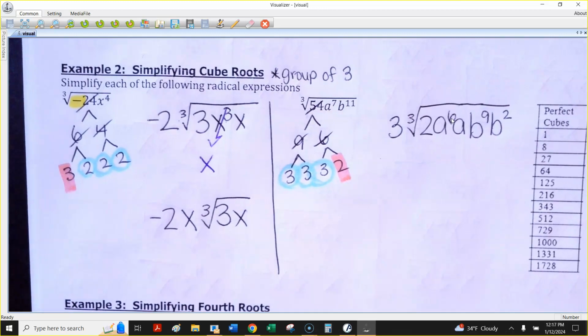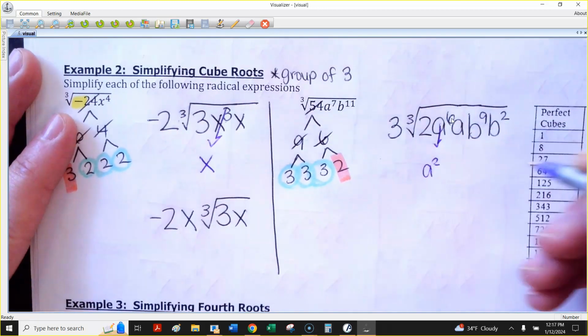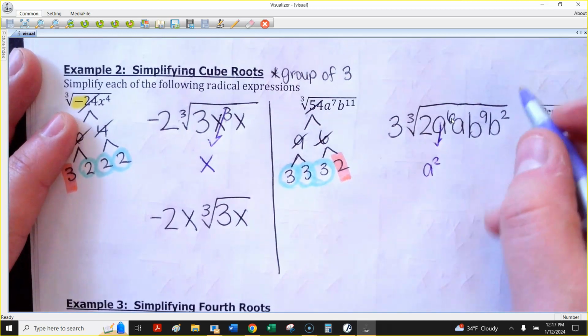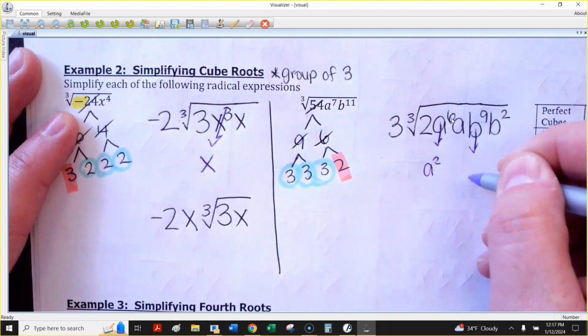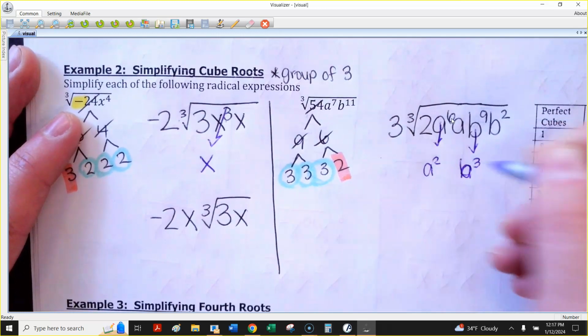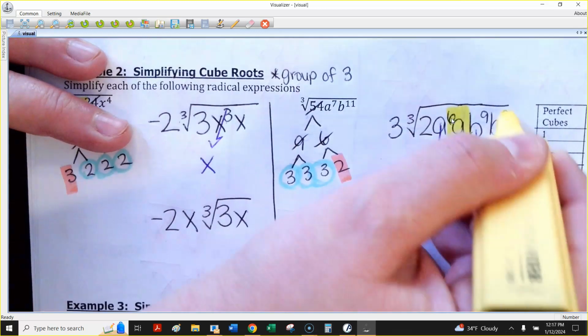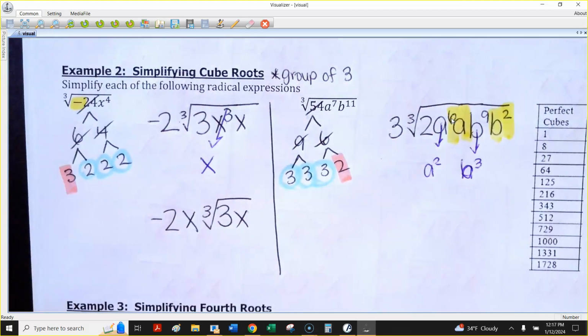Okay, so let's see what we can take out. A to the 6 would come out as a squared, just dividing 6 by 3. 9 would come out as b to the 3rd. And then the 2 that you broke to the side, those are going to be what's stuck left underneath, because those are going to add up to give us the original, but we're just trying to remove the perfect cubes. Anything that's already out in front, we're just going to multiply together.